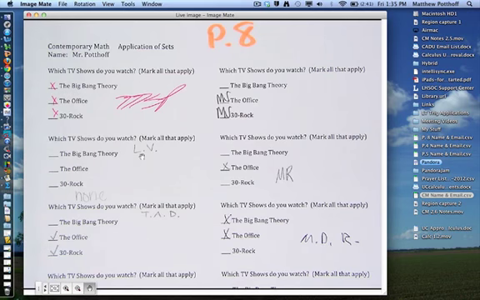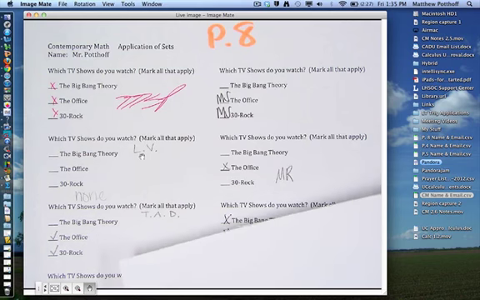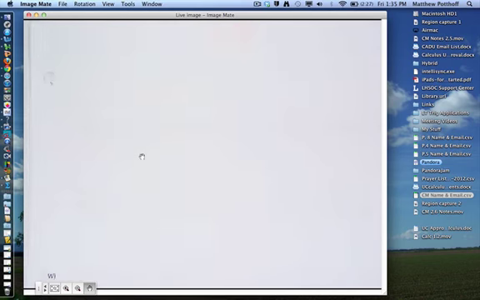Okay, so now that you have all of your responses, we're going to make a Venn diagram based on everybody's answers. The first thing we need to do is make your Venn diagram that has 3 sets.